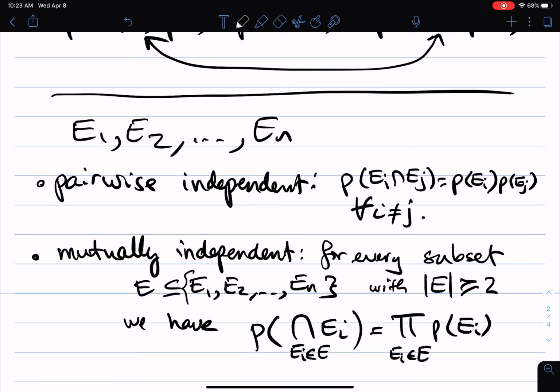Okay, so this is mutually independent here. It's a stronger condition we put on those events.